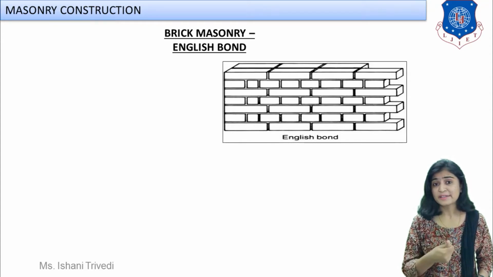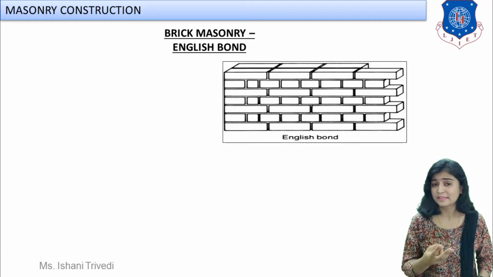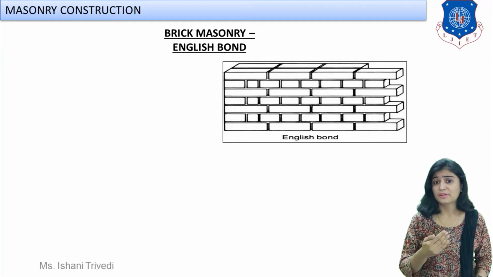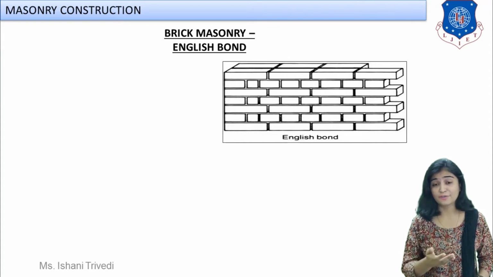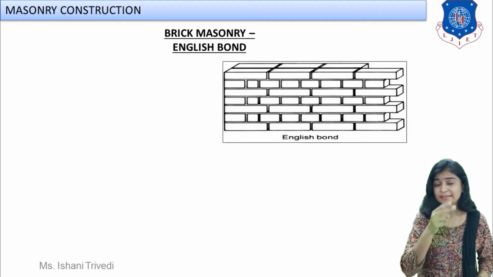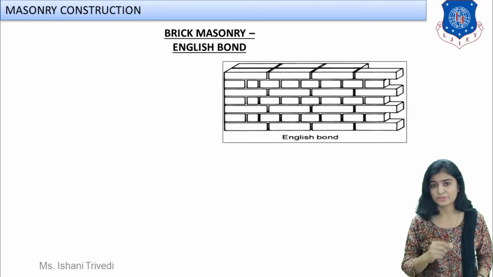So you can make English bond 1 brick thickness, 2 brick thickness, 3 brick thickness, you can go up to 3 brick thickness. Also you can go for odd numbers also, 1.5 brick thickness. So the half brick will be in the backing. You can go for 2.5. So in the center part you will have half brick thickness, that will be your hearting portion.